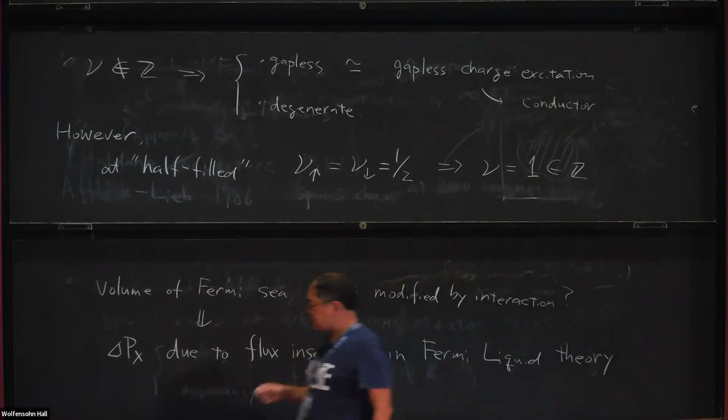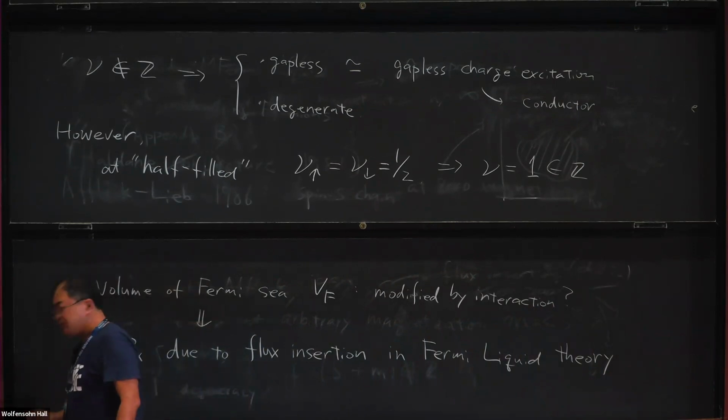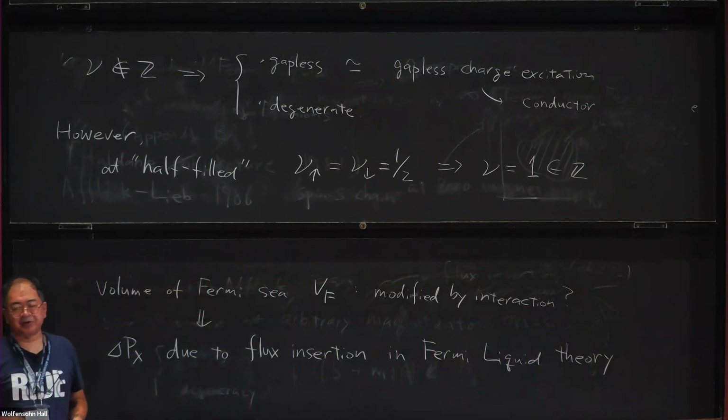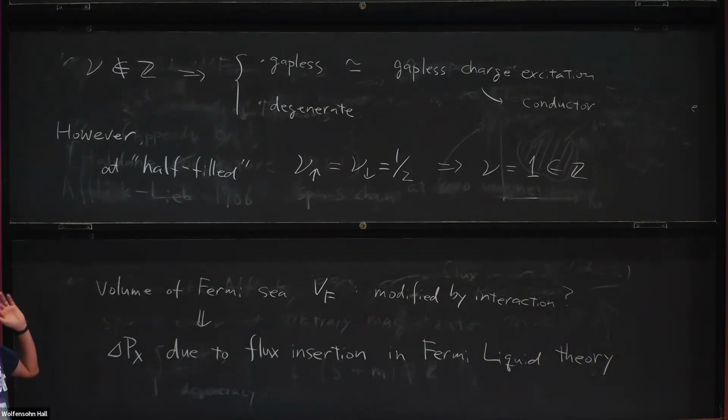But even in this case, we can still use a flux insertion argument, because I just need to introduce some flux in a Gedanken experiment, that is, I want to increase the vector potential in some way.